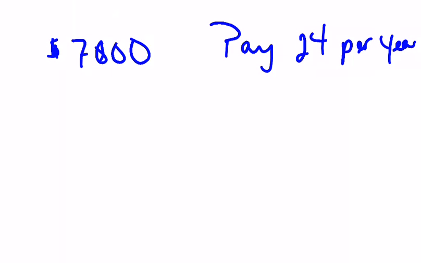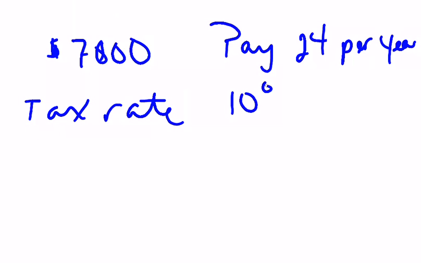So the first question says find his tax rate for his income level. So again, we need to go to that chart for the single person and find where his income falls. And if we look, the very first line said $0 to just above $7,000. So he's in that first level, and that level has 10% associated with it if you look a little bit further to the right.